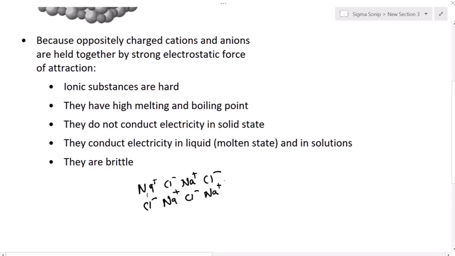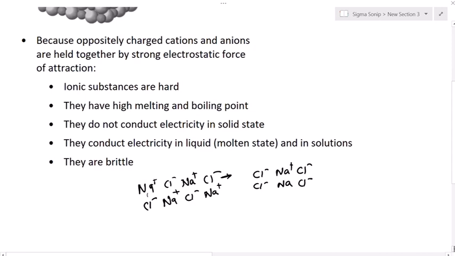When you move one of the layers, either left or right by one unit, then we have similar charges coming face to face, and these similar charges, when they come face to face, repel each other and they break apart, and that basically explains why ionic substances are brittle.